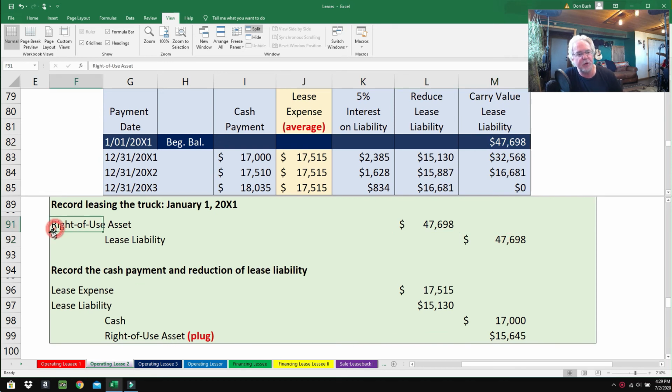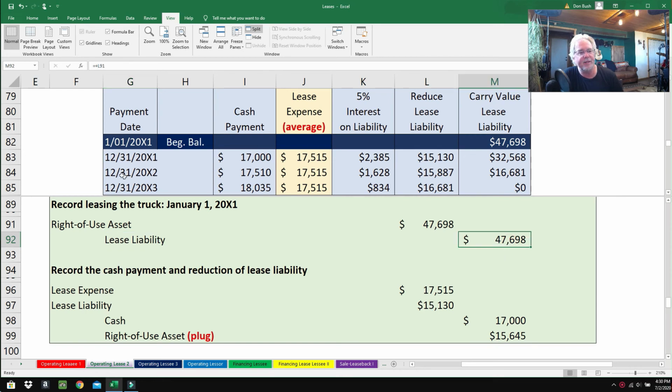So we're calling it right of use asset. We are not debiting truck or equipment or property, plant, and equipment. It's right of use asset. And to me, that sounds like an intangible asset. We'll have to see how this plays out as people do their accounting here in the next couple of years. But right of use asset is what we debit. Lease liability is credited for the exact same amount.